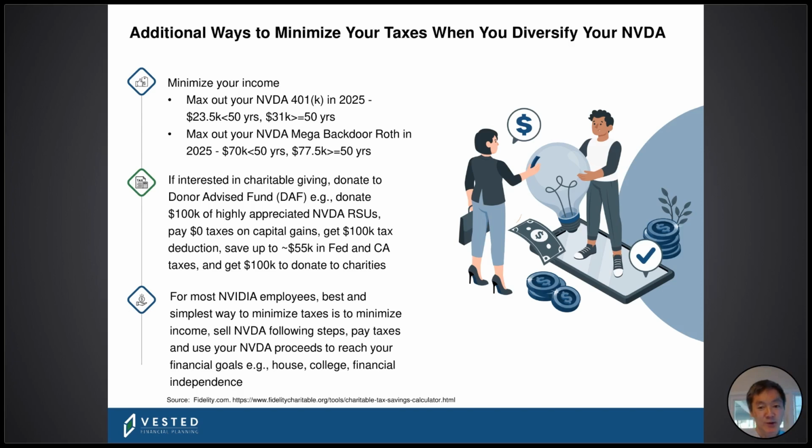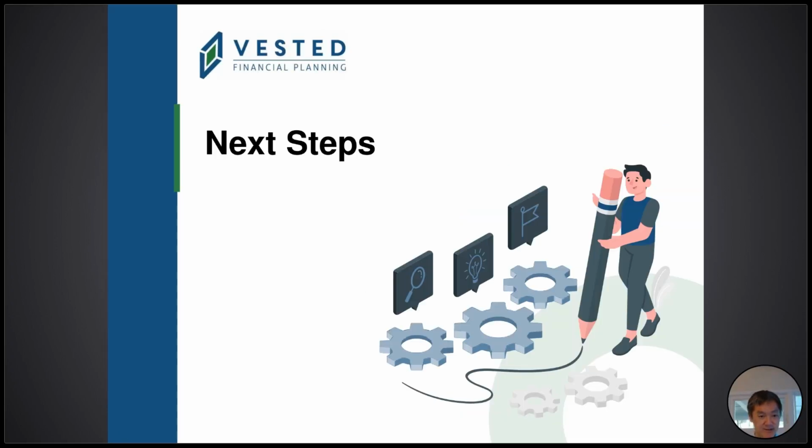Okay. There are a lot of people who talk about a lot of other ways, but in general, unless you're in very specific situations, it doesn't make sense. But it depends on your situation. So that's how to minimize taxes.